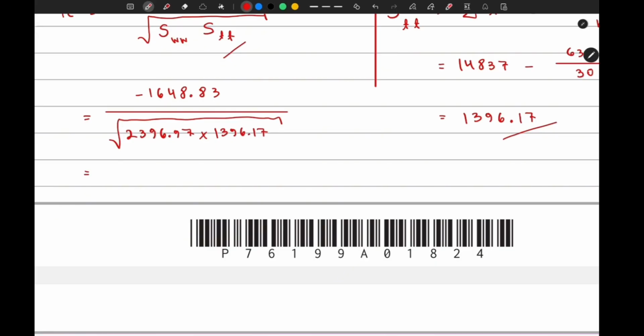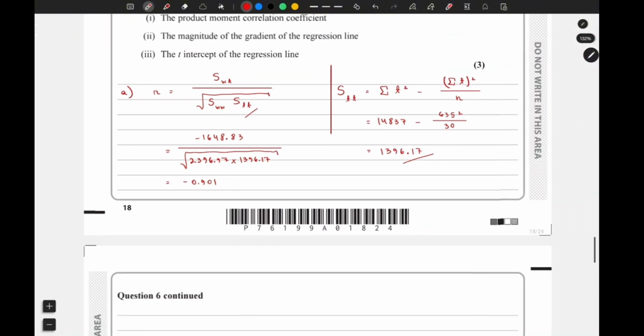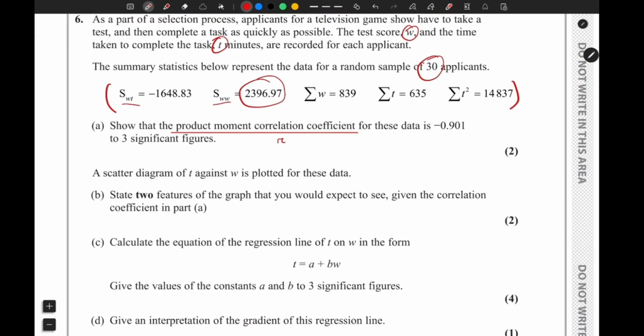So this gives us a value of negative 0.901. So that is it for the first part.